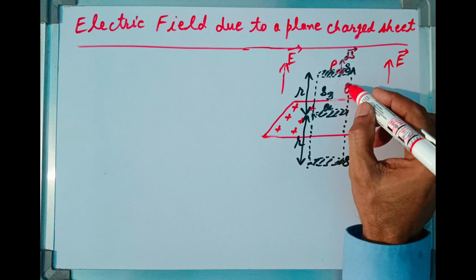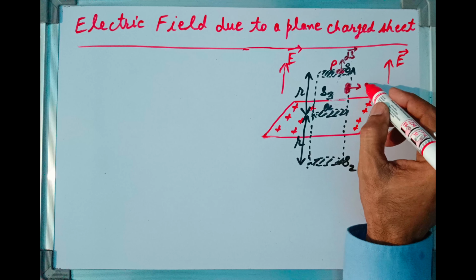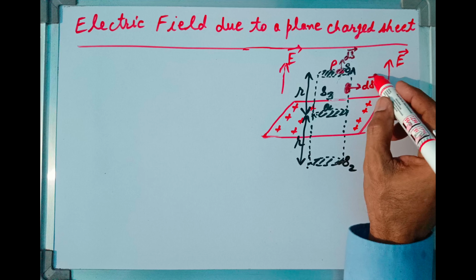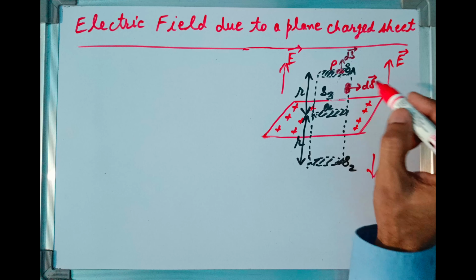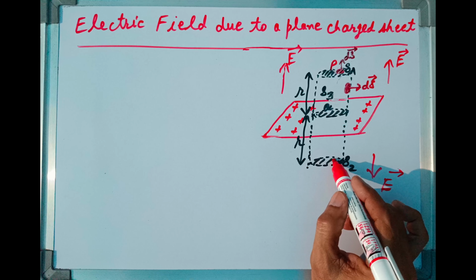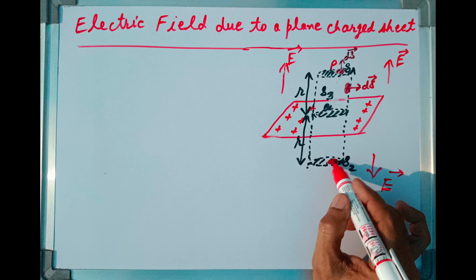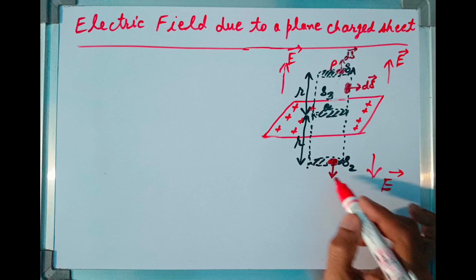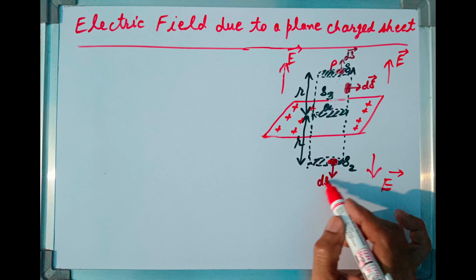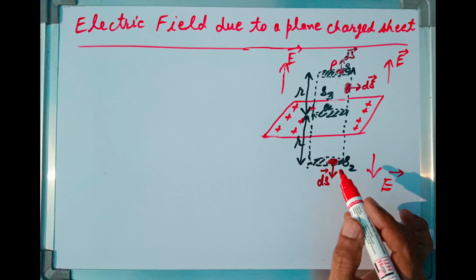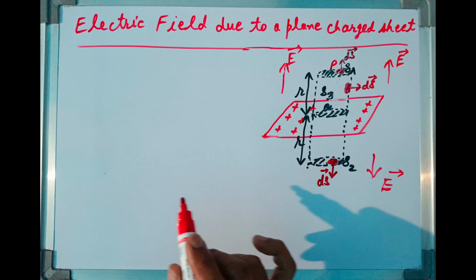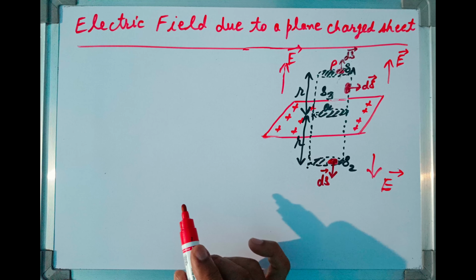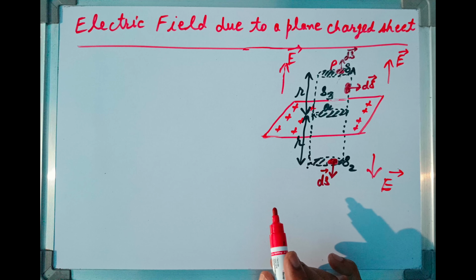Similarly, an elementary area ds vector on this curved surface will be in this direction, and elementary area on bottom of cylinder will be in this direction. This is ds vector. So using these we can derive expressions for various integrals.